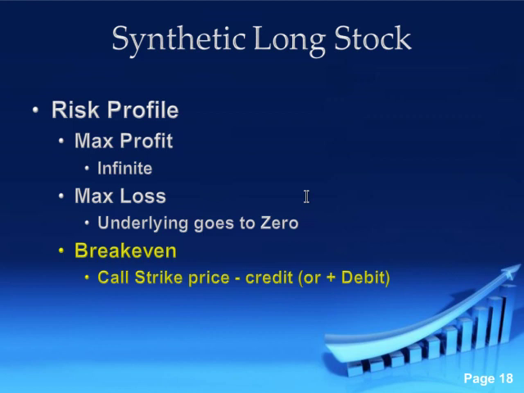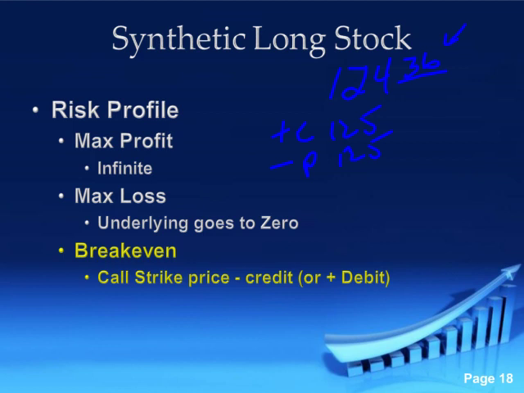Now the key here, when we're building this out, in that one example we were looking at the underlying being 124.36, and I was looking at buying the calls at the 125 strike and then selling the puts at that same 125 strike. In this case, I would want to get a credit of about 64 cents, right?